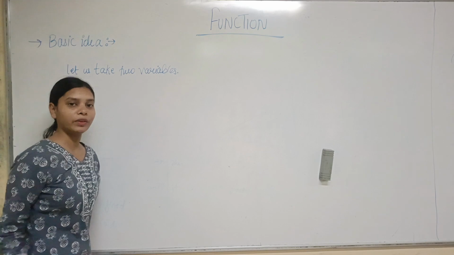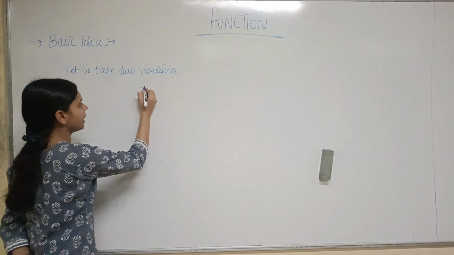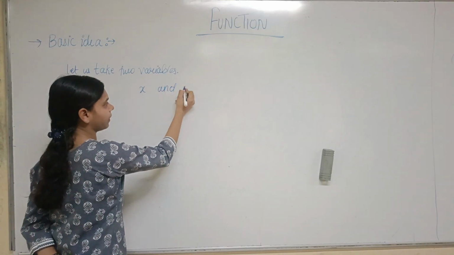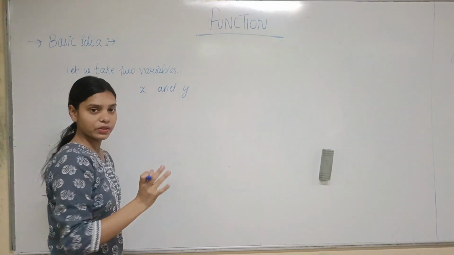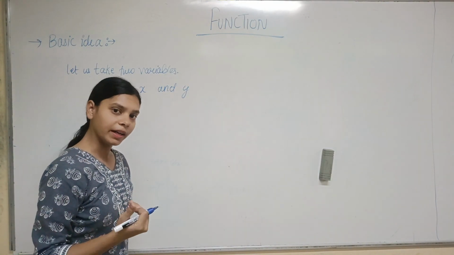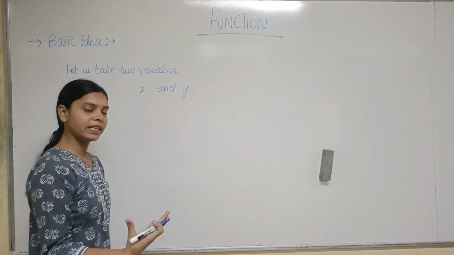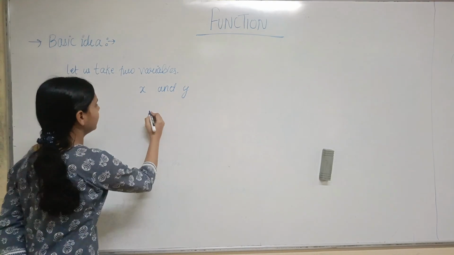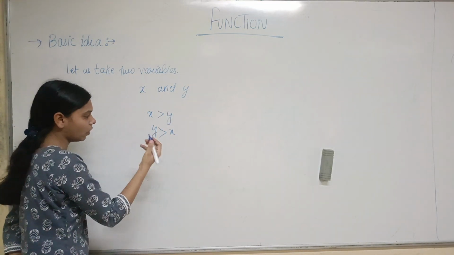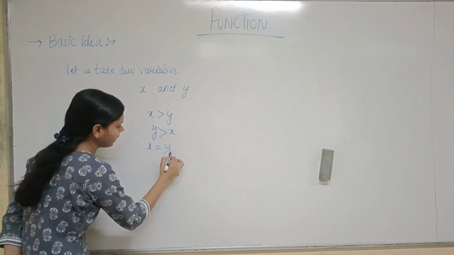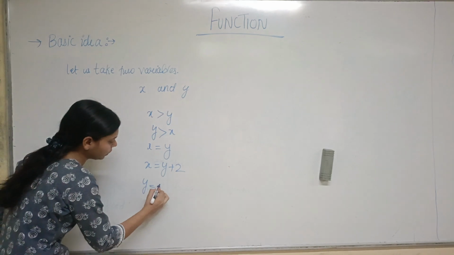Tell me anyone, any two variables. It doesn't matter which variable you take. Let us take x and y. Now, there is a relation between x and y. Either y is equal to x plus 1, or y is equal to anything. Or x is greater than y, or y is greater than x, or x is equal to y plus 2, or y is equal to sin x.